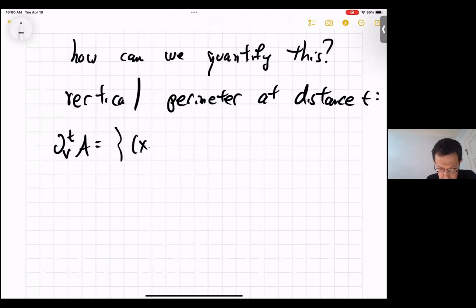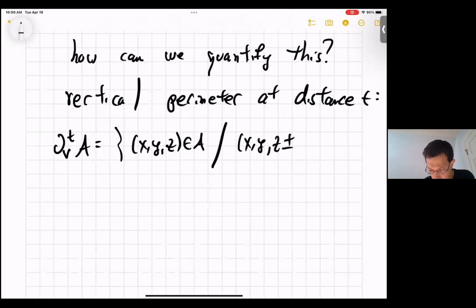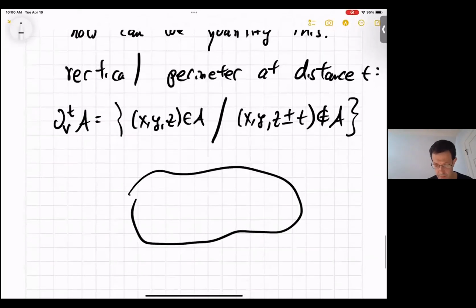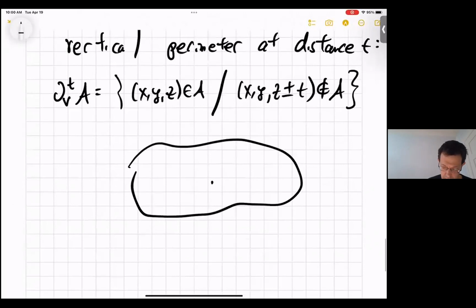It's all the points X, Y, Z in A such that X, Y, Z, either plus T or minus T, is not in A. So this is exactly this picture that I said: take a point in A, and then this is distance T directly above it, and you left it.